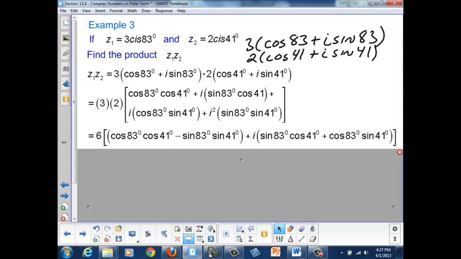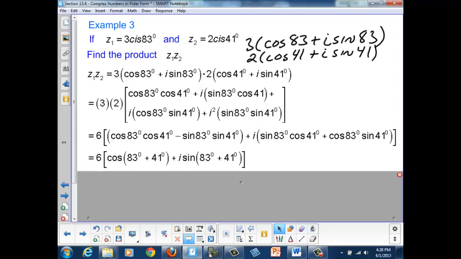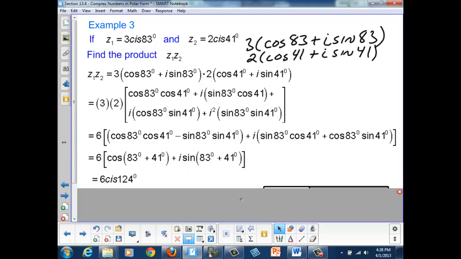And that trigonometric identity is the sine of A plus B. So that allows me to rewrite these as the cosine of 83 plus 41, since A was 83 and B was 41, plus i times the sine of 83 plus 41. If I simplify those two terms, I get cosine of 124 and the sine of 124, or condensed into our 6 cis 124 degrees.